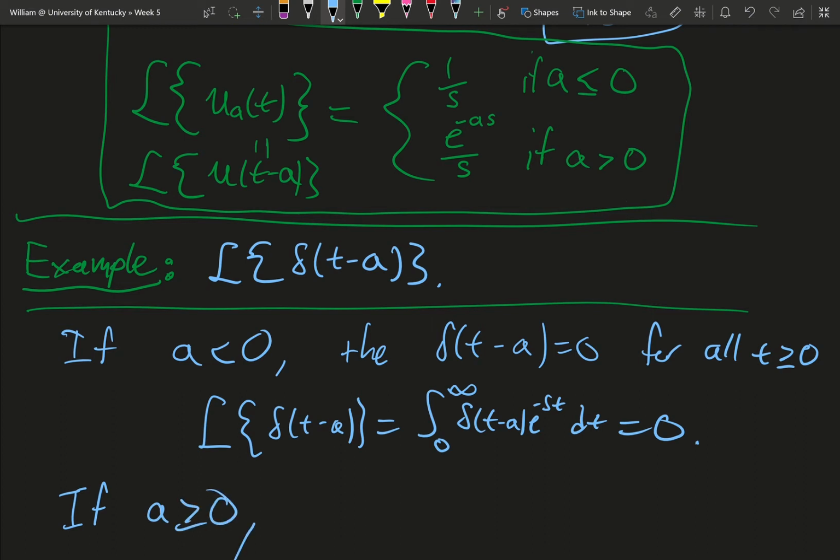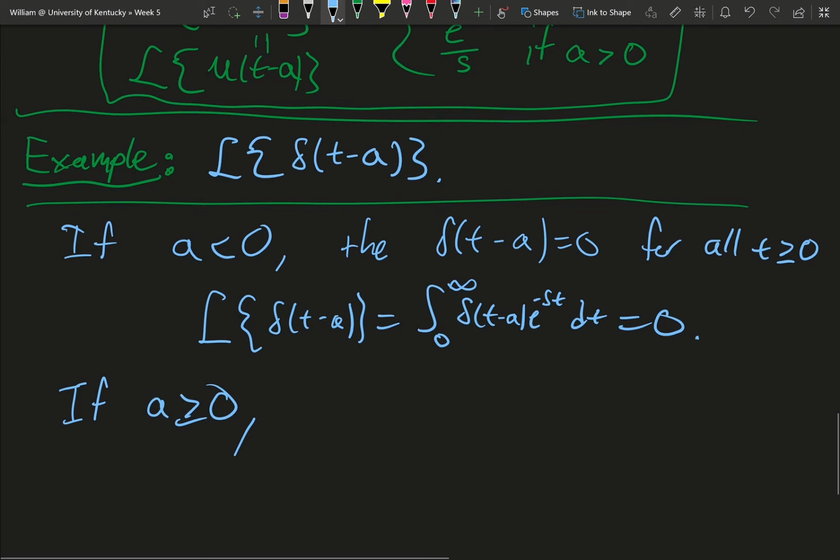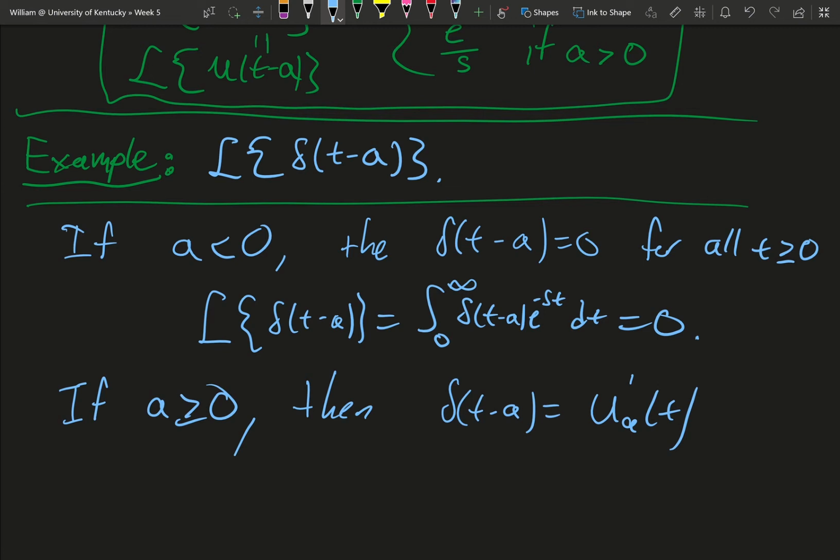On the other hand, if a is greater than or equal to 0, then we're going to use the fact that this is kind of the derivative of the Heaviside function, and we can use the rule for derivatives.